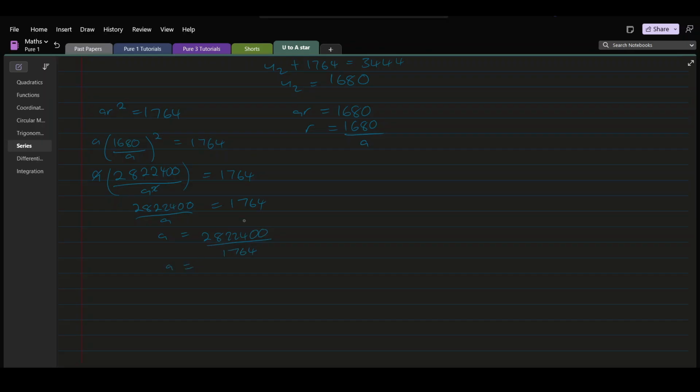That gives us 1,600. So a is equal to 1,600. Now let's evaluate r. r is 1,680 over a, so that's over 1,600. Let's punch that into the calculator, and we get r equal to 21 over 20.